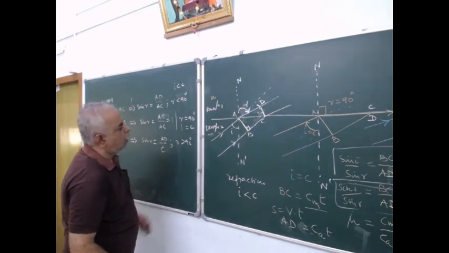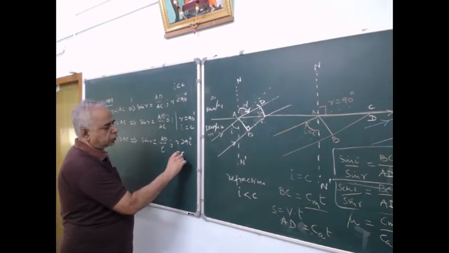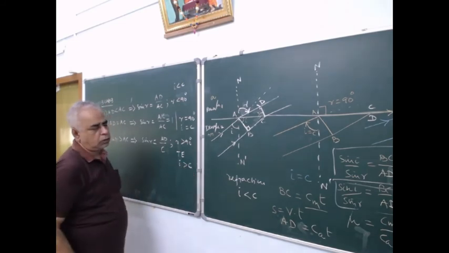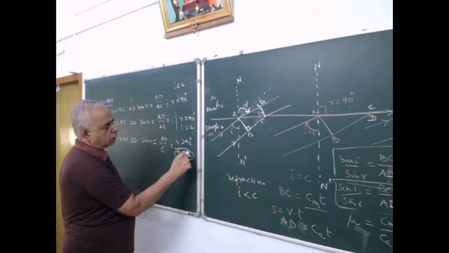Are you able to follow? At that time total internal reflection occurs. It means I becomes greater than C.